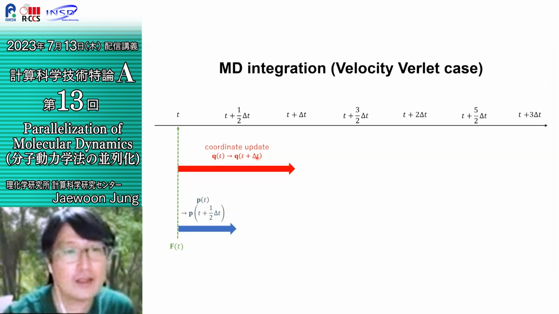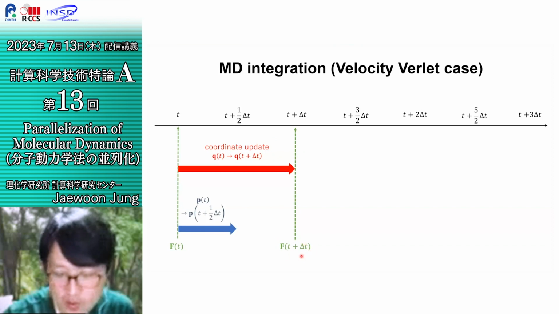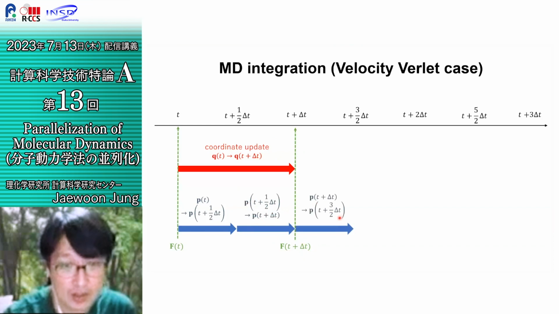And after that, we have a coordinate at time t plus delta t. Then we can evaluate force at t plus delta t. And based on this force, we update momentum from t plus half delta t to the momentum at t plus delta t. And we repeat this procedure over and over again.